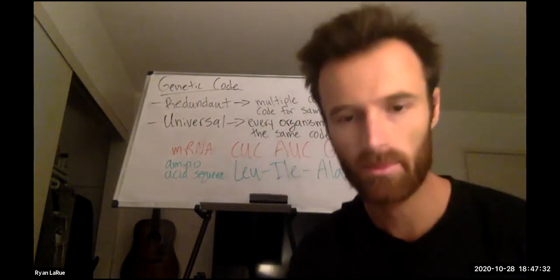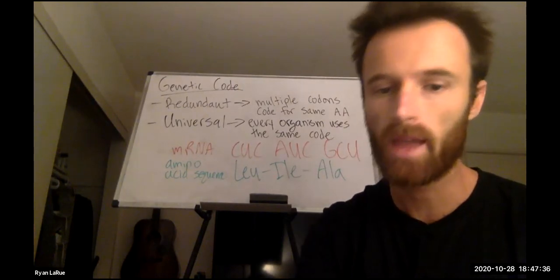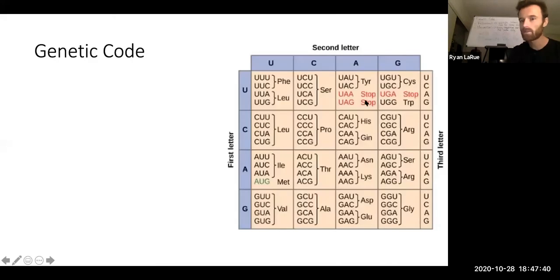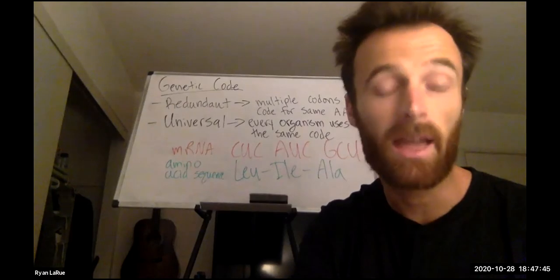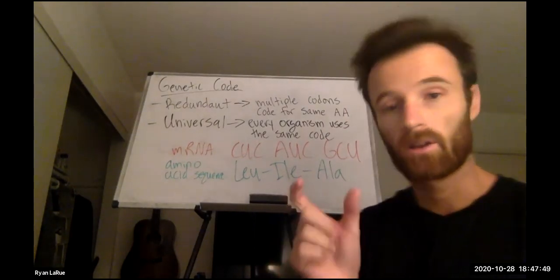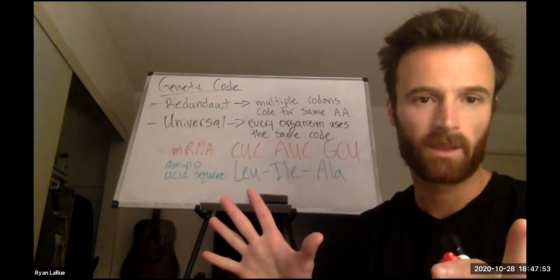What does the table mean when it says stop? Great question, Cole. That's an awesome question. I didn't talk about that. So stop is a stop codon. At the end of every protein, there's a stop codon, and this actually terminates translation.